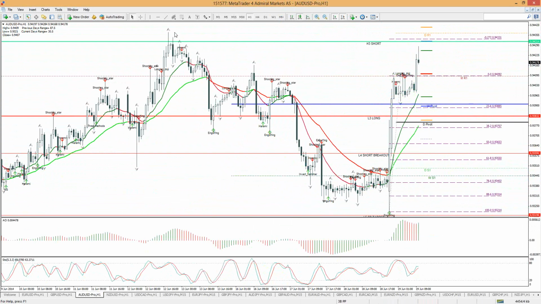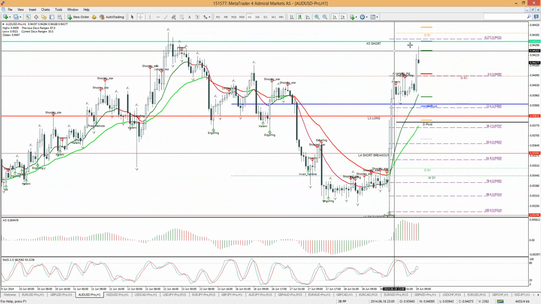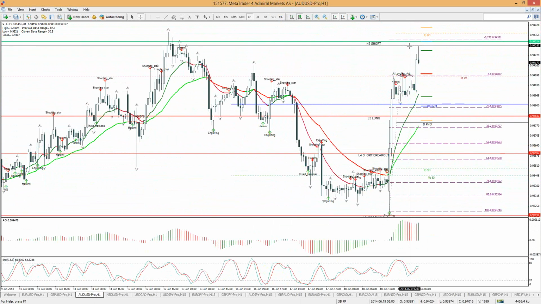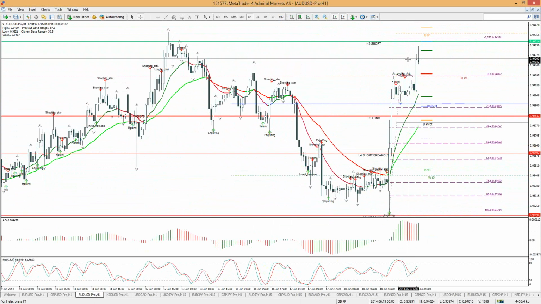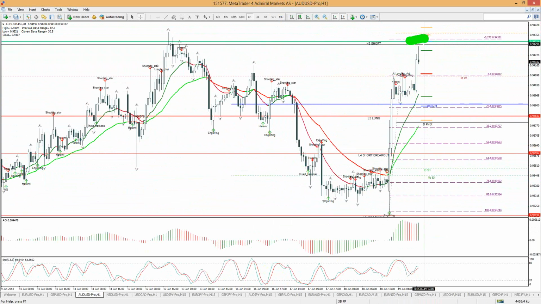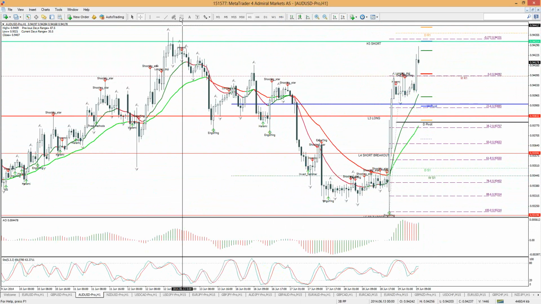And we got very close to the minus 272 target, as you can see, about 4.5 pips. That could already be respect for that fib target. So we have two scenarios.